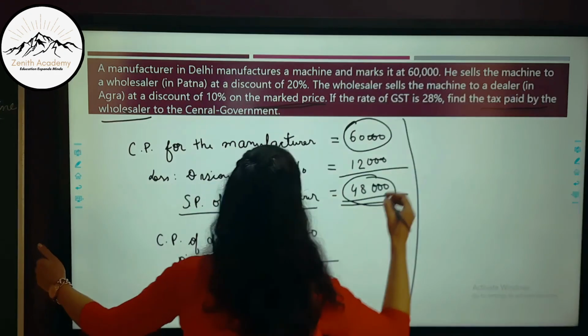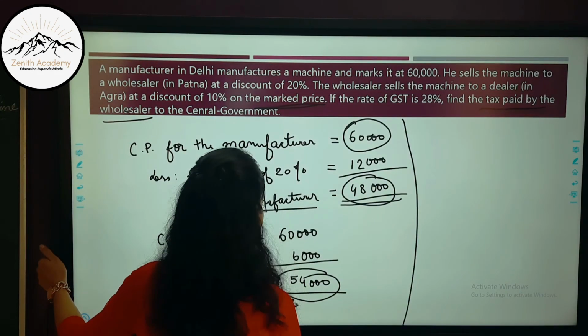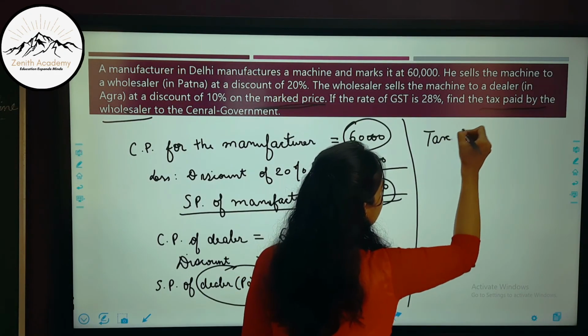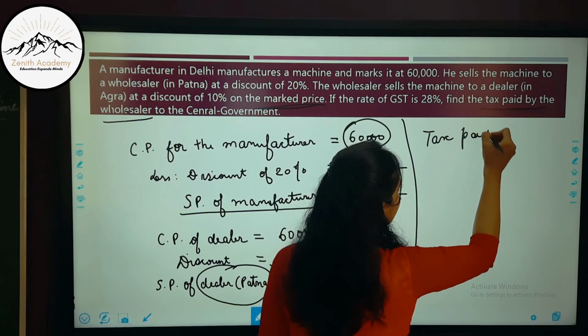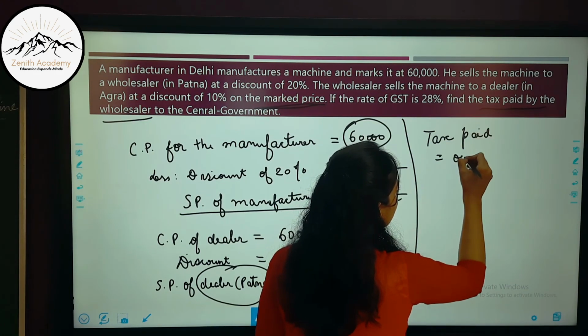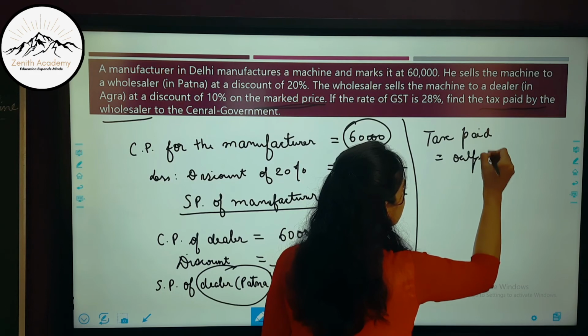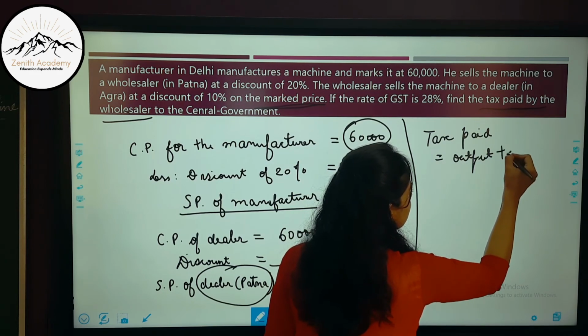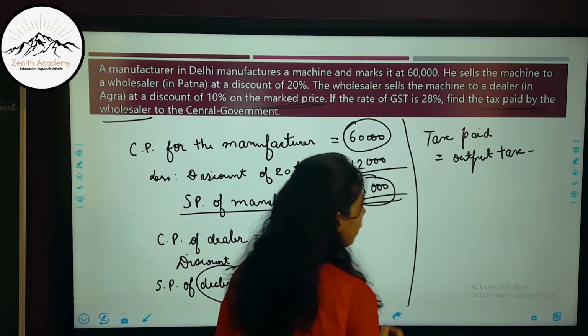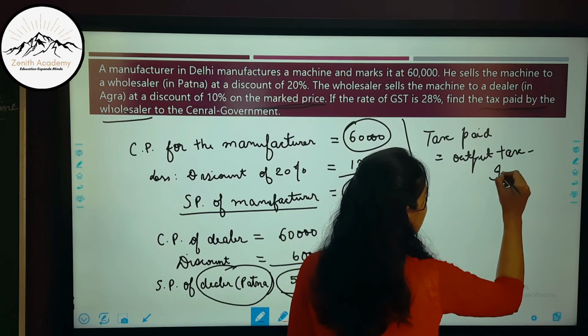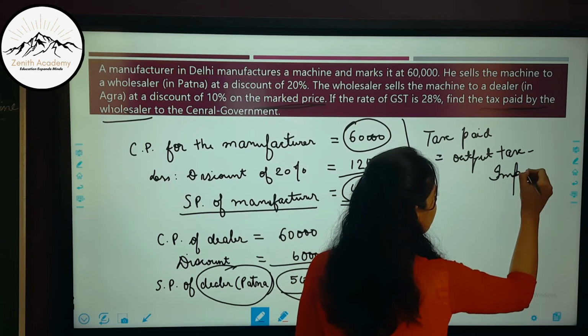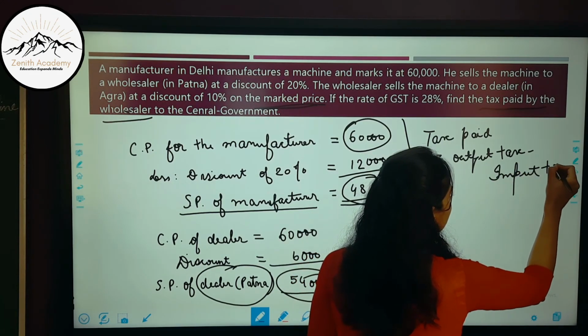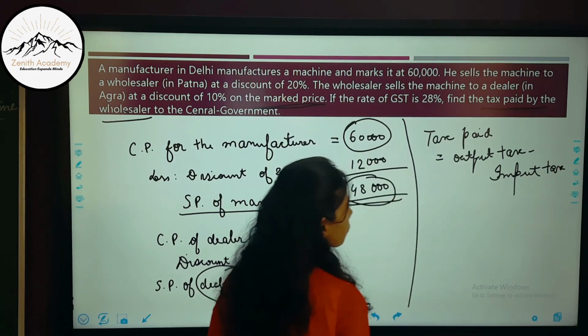So we can take out that difference. Tax paid is equal to output tax minus input tax.